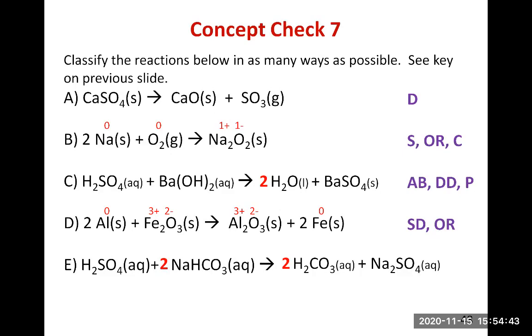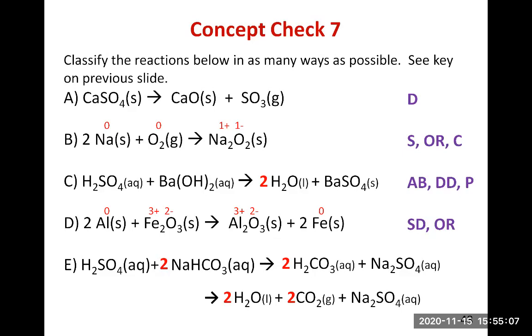So we said that H2CO3 is unstable. It's decomposing into H2O and CO2. So from the 2 H2CO3, we actually get 2 H2O molecules and 2 carbon dioxide molecules. We can see that it's still balanced this way.